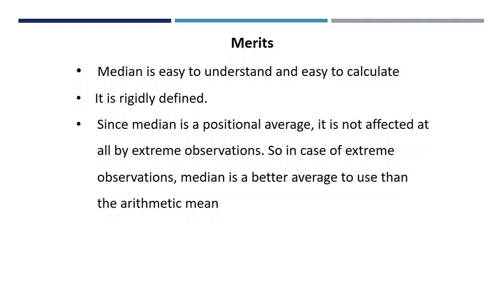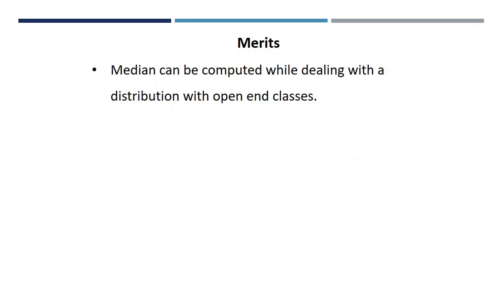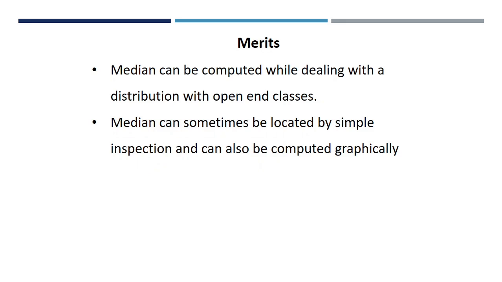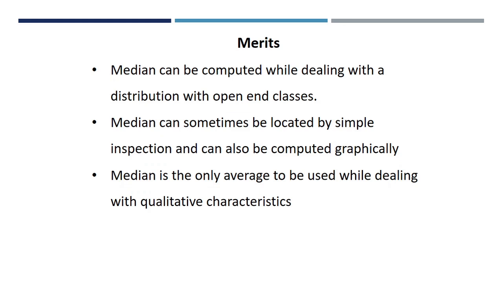So compared to that, this is a better average in case of extreme observations. It can be computed by dealing with distributions with open-end classes, as we have seen in the example. Median can sometimes be located by simple inspection and can also be computed graphically, but mean cannot be computed graphically. It is the only average to be used while dealing with qualitative characteristics.